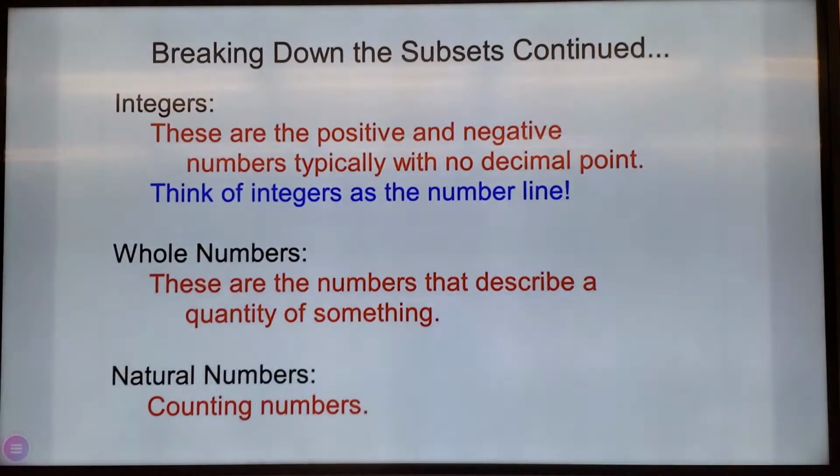Integers, whole numbers, and natural numbers. The last three of our sets here. Integers are numbers that are positive or negative. And then I put here typically something without a decimal. I always ask the question in class, if you can give me a number that is an integer but is a decimal.